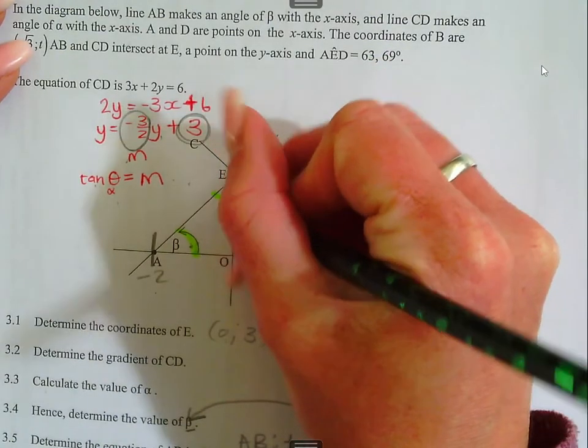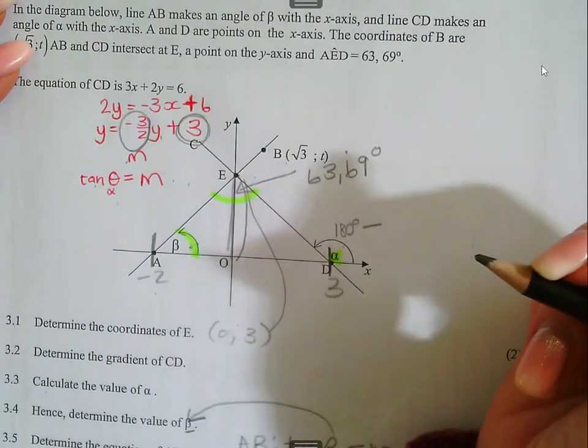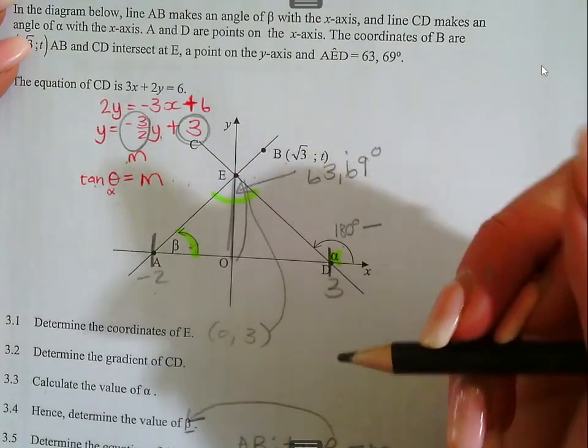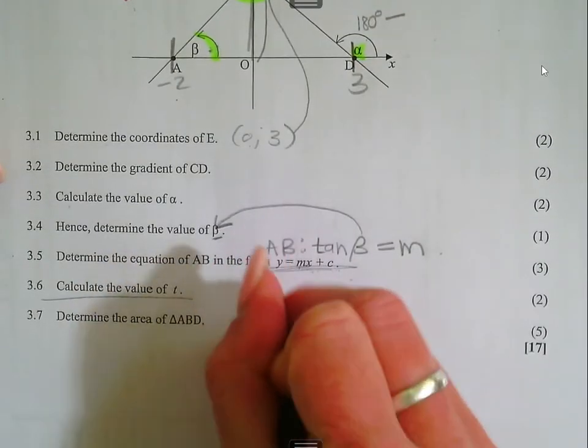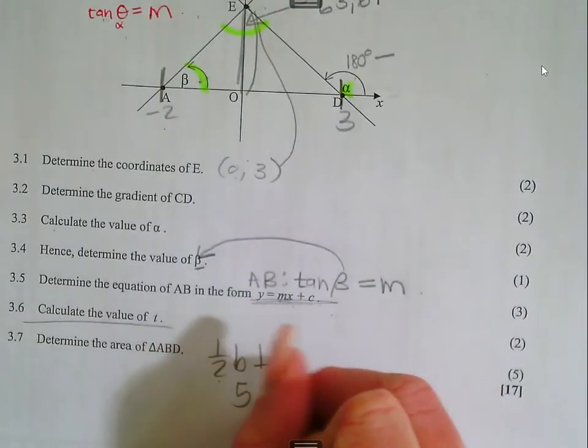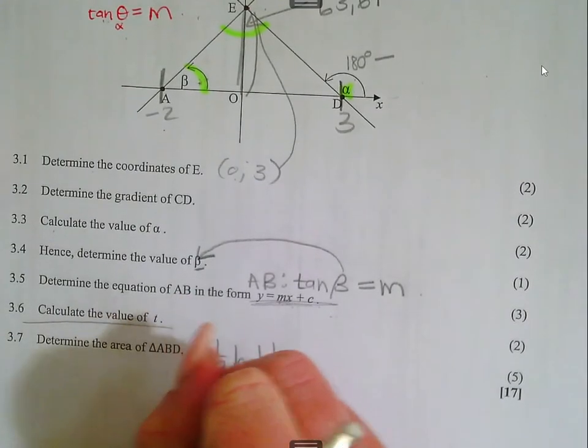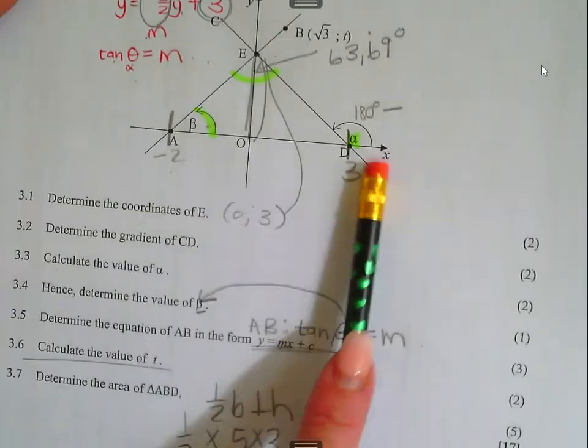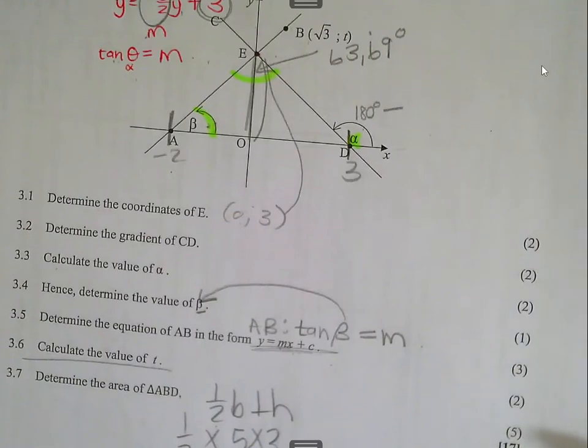And we know this length is 3. And how do you calculate the area of a triangle? Half times base times perpendicular height. The base is 5. The perpendicular height is 3. And you say times a half. This is not -2 and 3. I don't know what it is. Okay? You're going to have to go and calculate it. I'm just showing you if you got the answer.